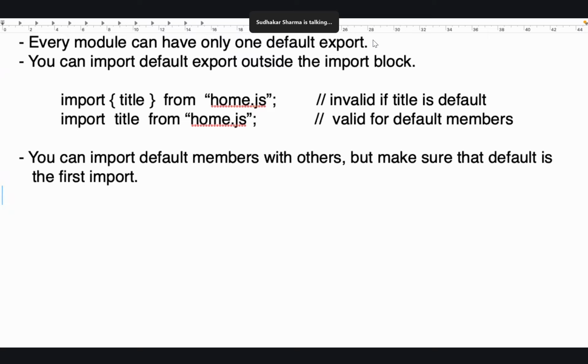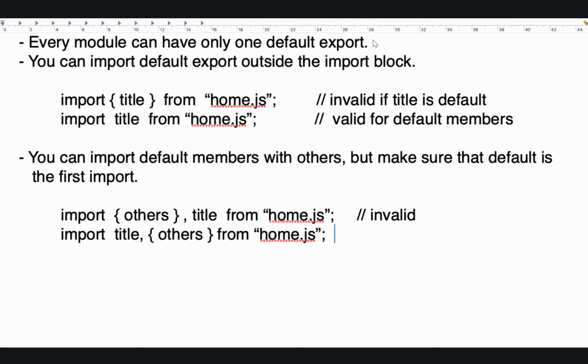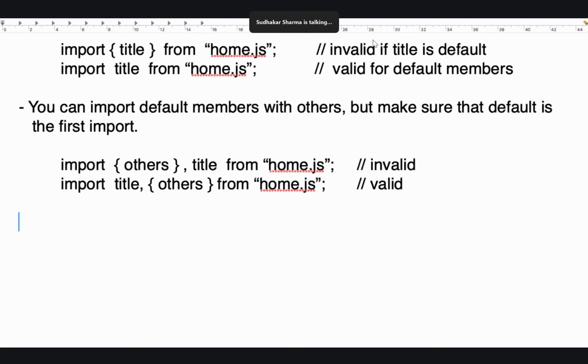What does it mean? If you are importing others here, and you put title, and then from home.js, this is invalid. Why? Because you have to import title before others. That's important. Then from home.js, this is valid.